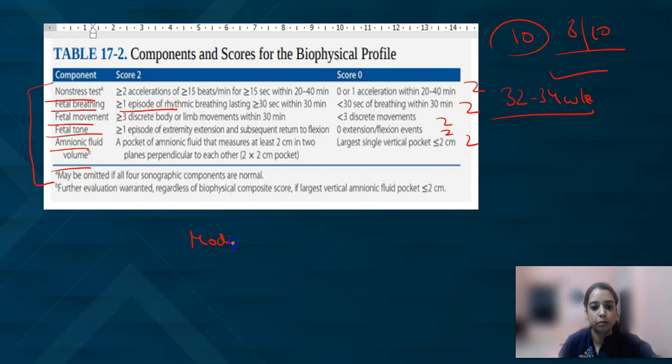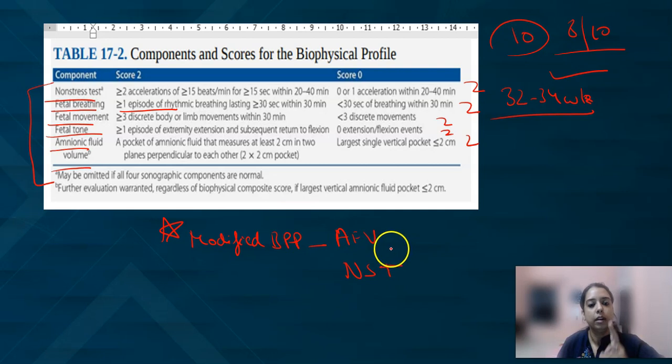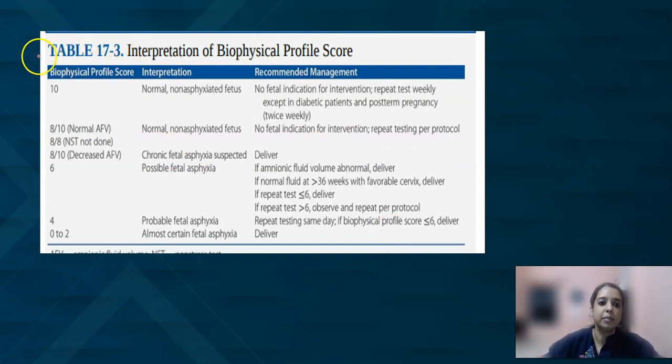The modified biophysical profile contains only 2 things, and a question has been asked on that: the amniotic fluid volume and the non-stress test. When only NST and amniotic fluid volume are used, it is called the modified biophysical profile. Now the question has been asked on interpretation of the biophysical profile.